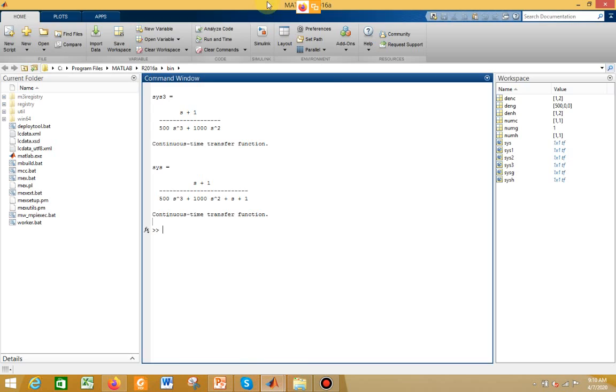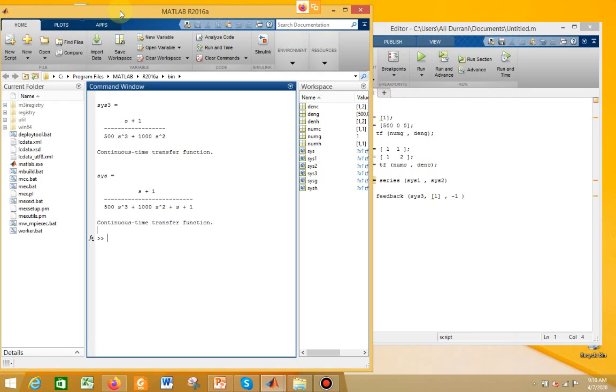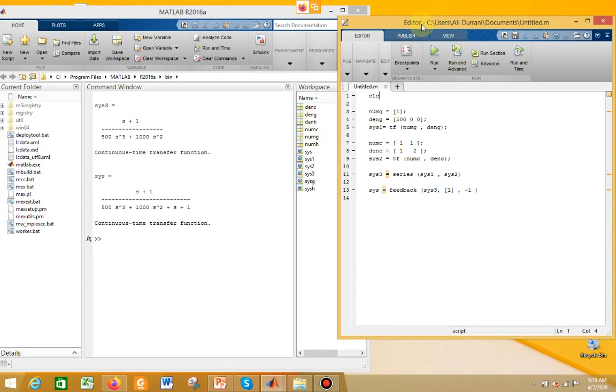As I told you earlier, we have multiple configurations for a feedback. It can be a positive feedback and it can be a negative feedback. So what we can do here is change this sign. We can write +1 or -1 for the different types of feedback, but here we have a negative feedback, so we have written -1.